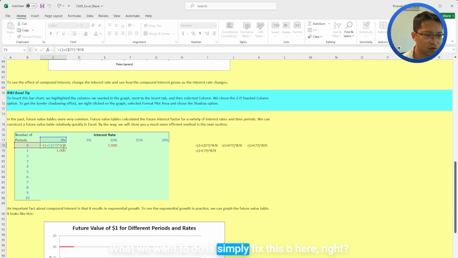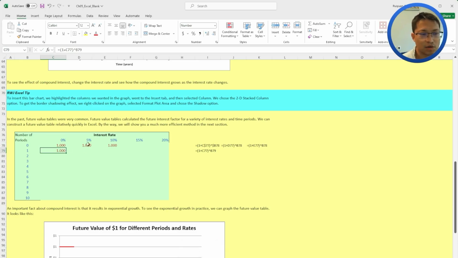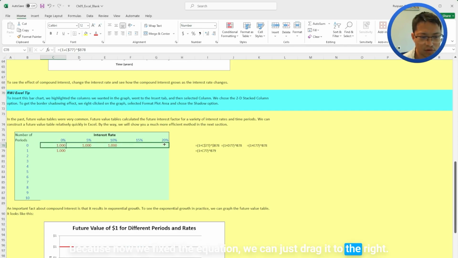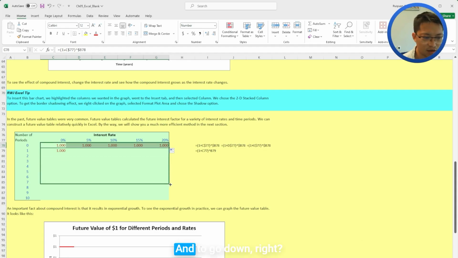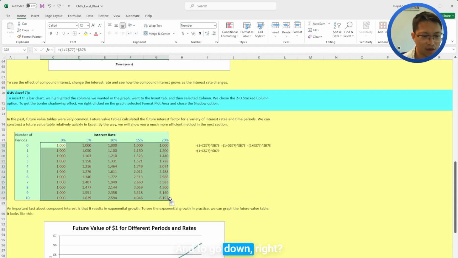What we want to do is simply fix this B here, or you press F4 twice. Right? So we get this one. So let's try whether our equation works. Because now we fixed the equation, we can just drag to the right, go down, right?